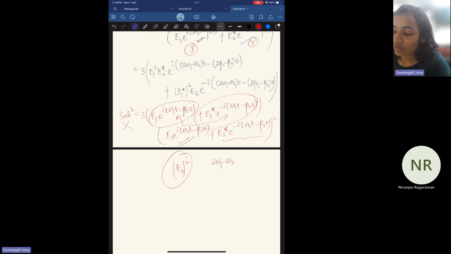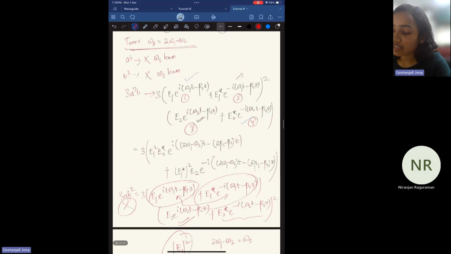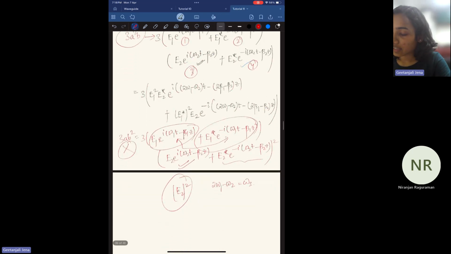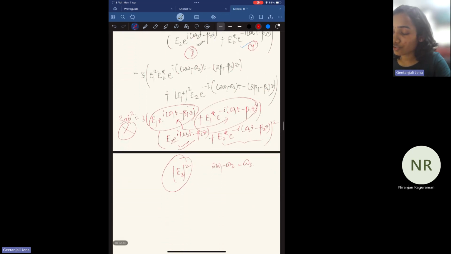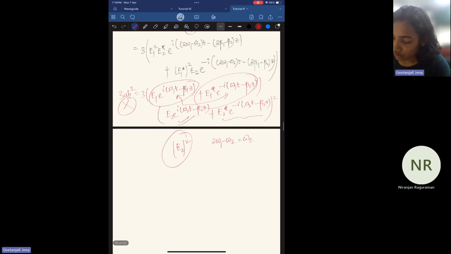So that means 3ab square doesn't contribute to the nonlinear polarization due to omega 3, which is 2 omega 1 minus omega 2. So only this component, which is 3a square b, has the term due to 2 omega 1 minus omega 2. So now finding the nonlinear polarization is easy.